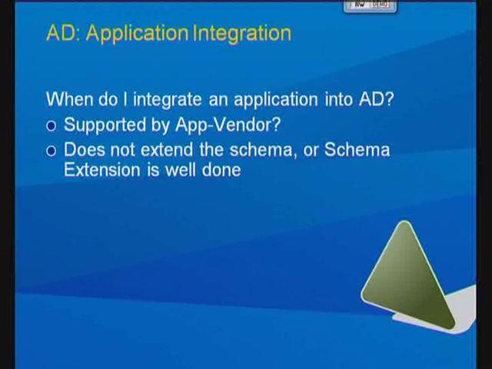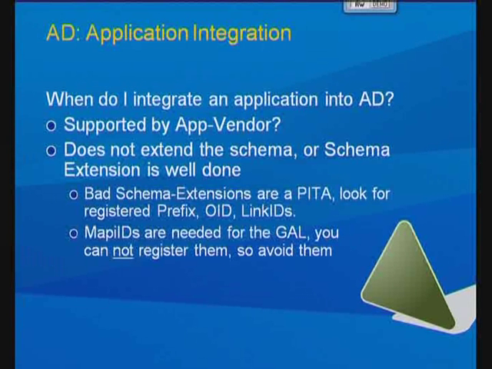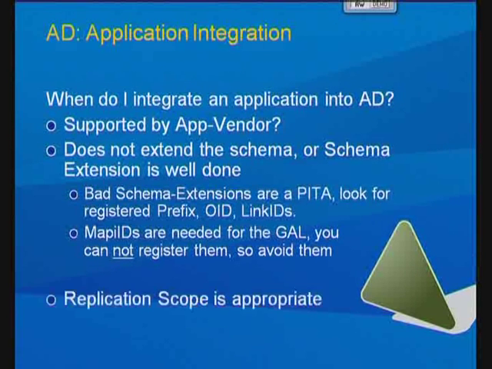So we actually decided to put this data into a third-party directory, because the vendor didn't even support ADAM at this point. We'll talk a little bit more about prefixes, namings, OIDs, link IDs, and MAPI IDs during this talk. So those are actually the points you have to look for, and I will explain this a little bit later.